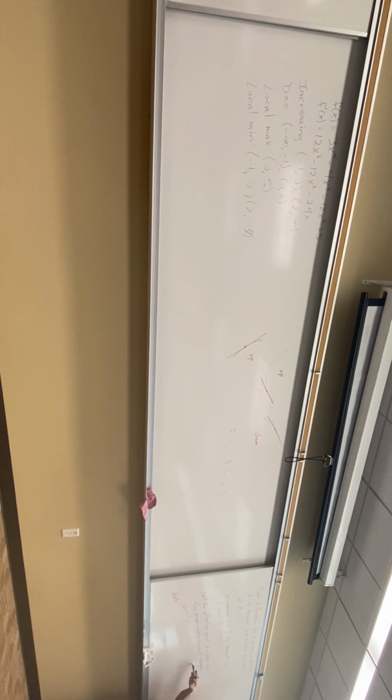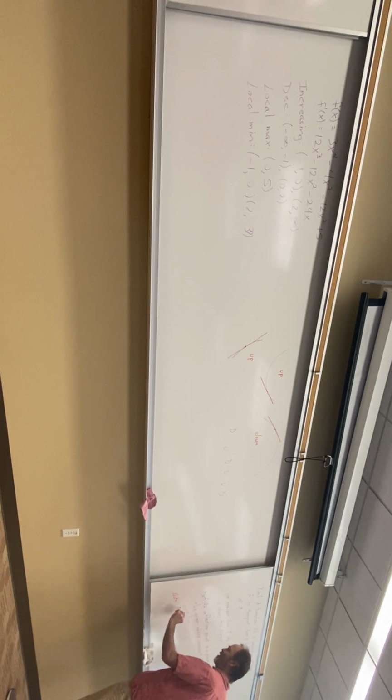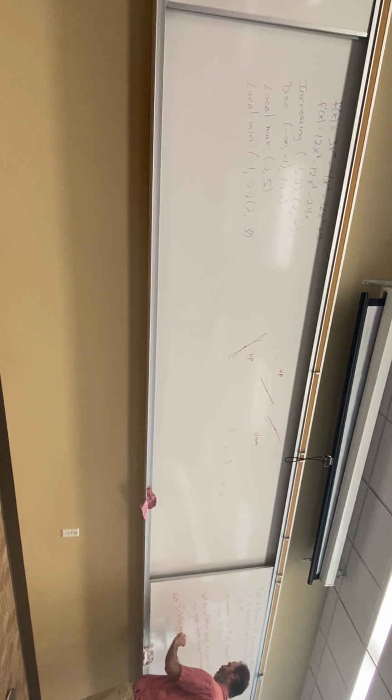Does everybody see that? Because if it's going to change from down to up or up to down, anytime it changes, the second derivative has to be 0 or has to not exist. So these are equivalent. Inflection points are like critical points, but with the second derivative instead of the first derivative.